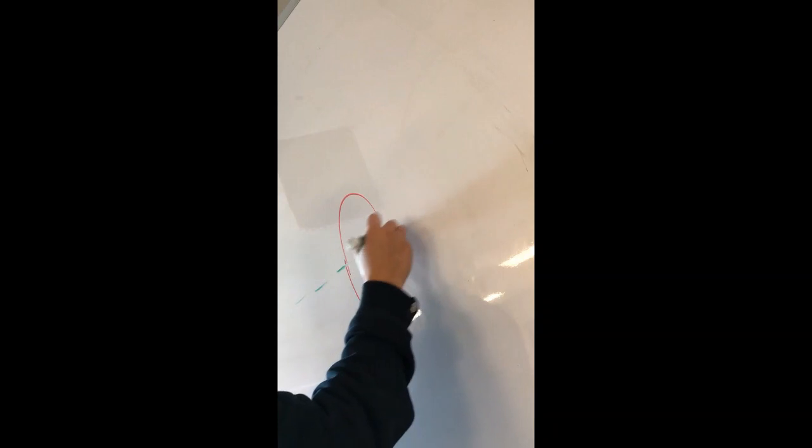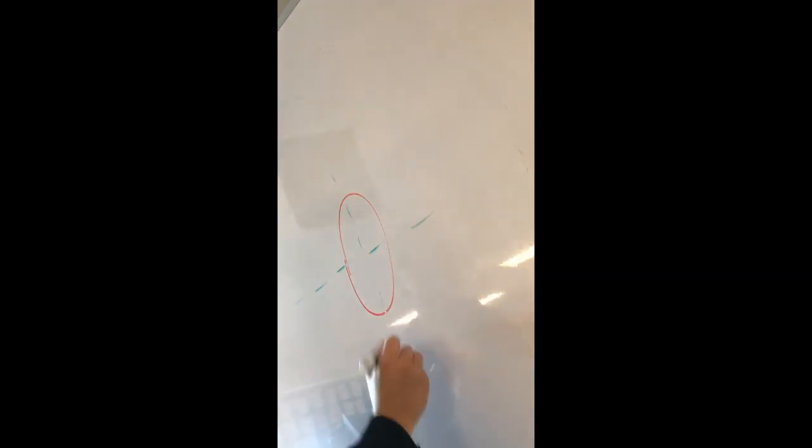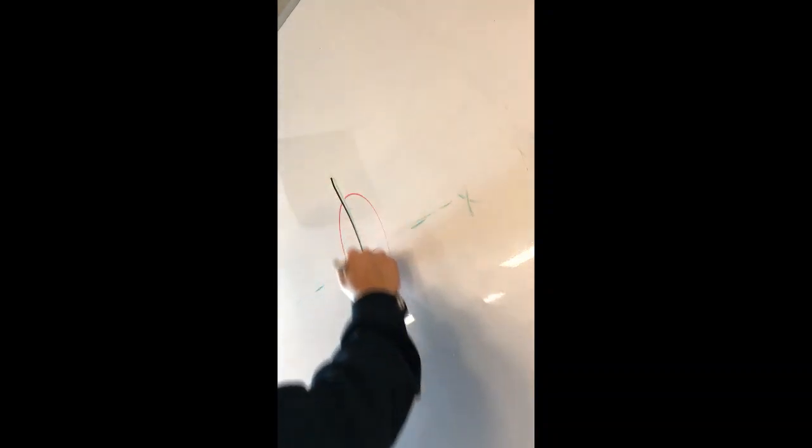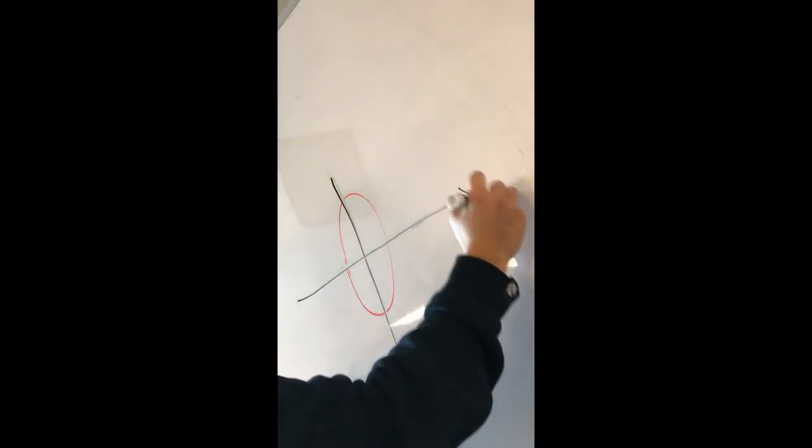I will make my oval here again. I'm going to make my grid. Here's my grid, just a normal little grid with the x and y. The marker sucks. Okay, let's try this again. Okay, x and y.